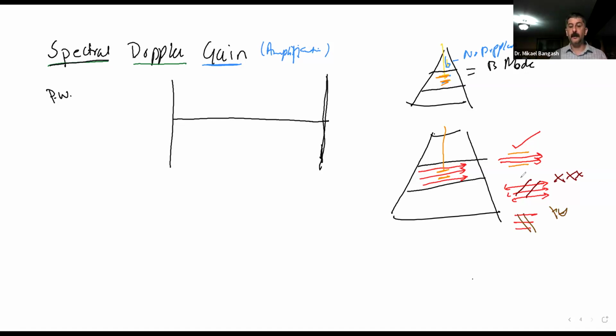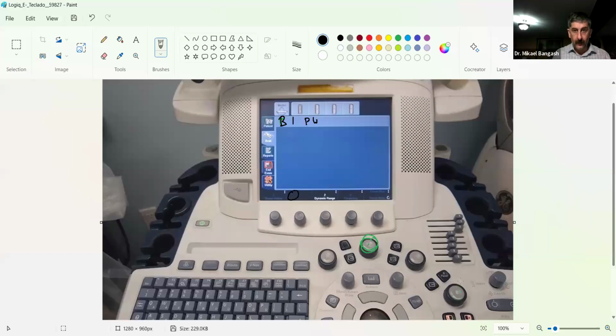So how do we steer this? This is again steered by your angle steer, just like in regular color flow mode. This knob here, and this knob here.